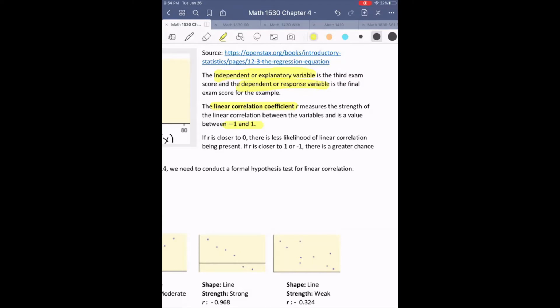If R is very close to 0, then a data set will not have a linear relationship. The closer R is to -1 or 1, the stronger the linear relationship will be.